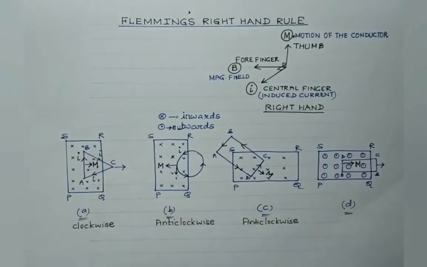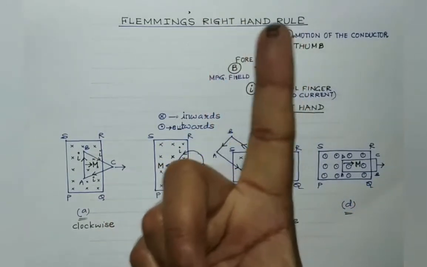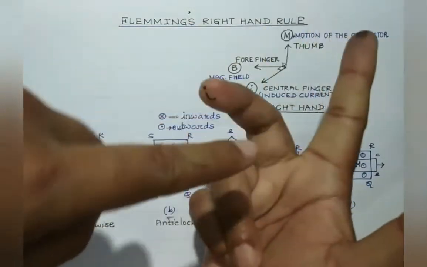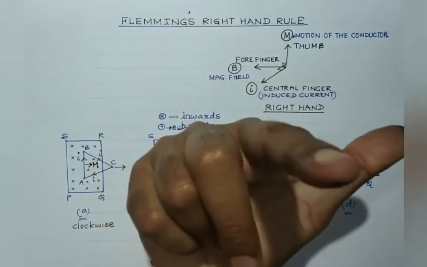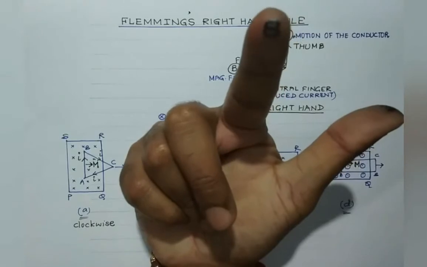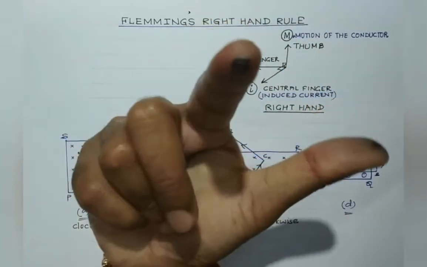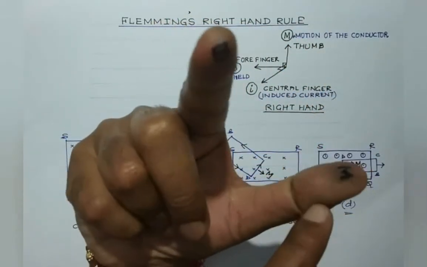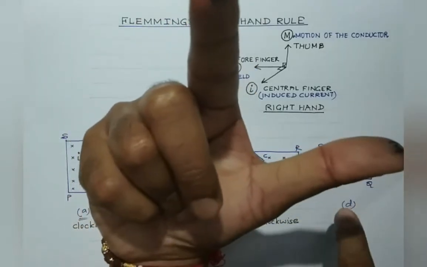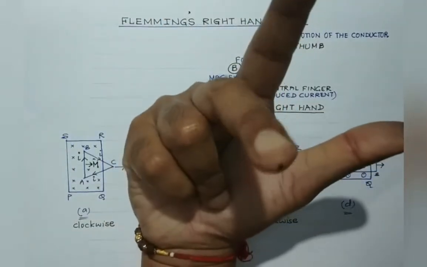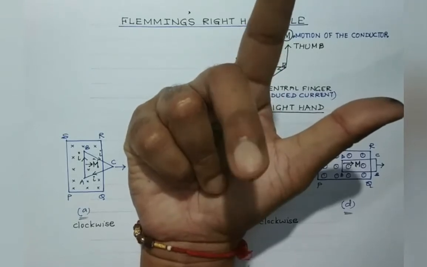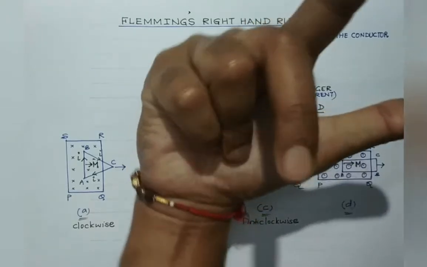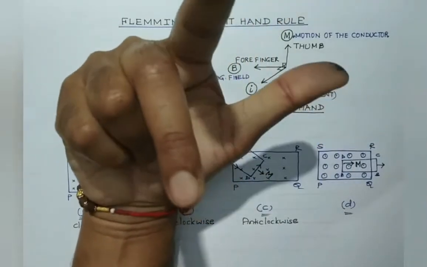So let's apply this rule. This is M, this is B, and this is I. So here the magnetic field is directed in the outward direction. This is the magnetic field. This thumb represents the motion of the conductor. It is from left to right, and this finger, which is the central finger, represents the direction of the induced current, which is from D to A. It's like this.